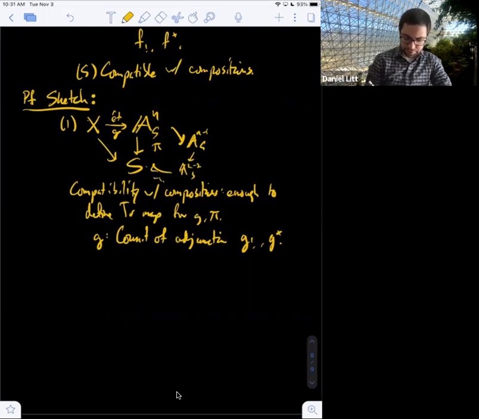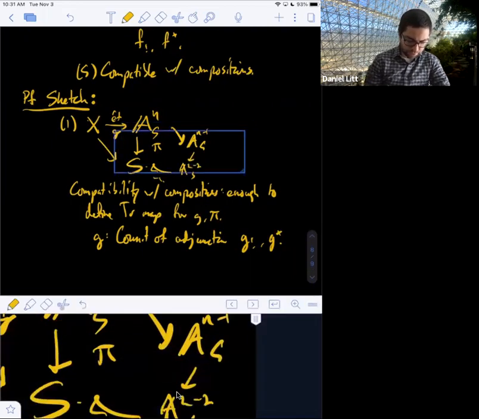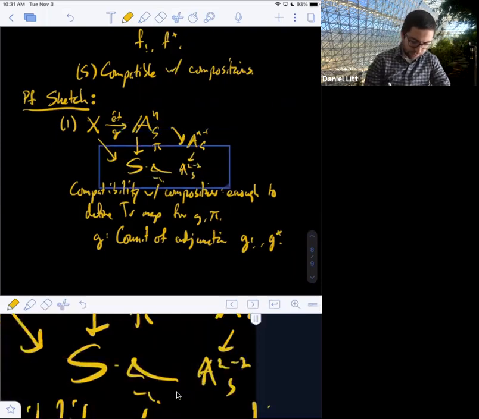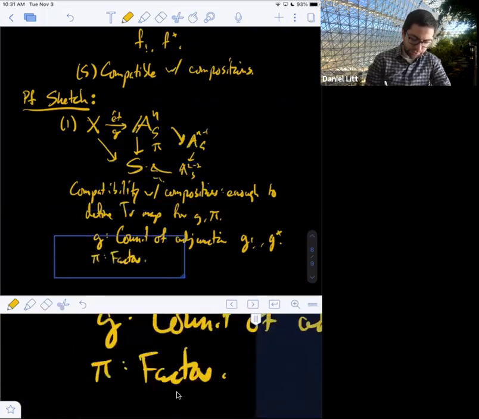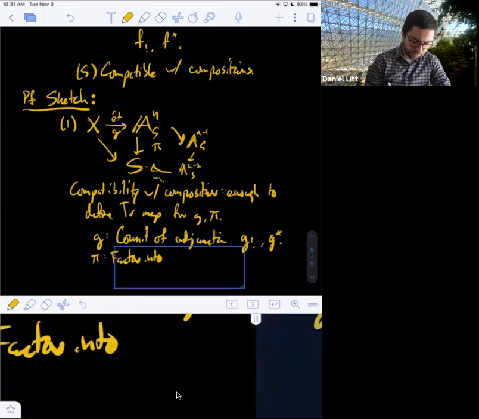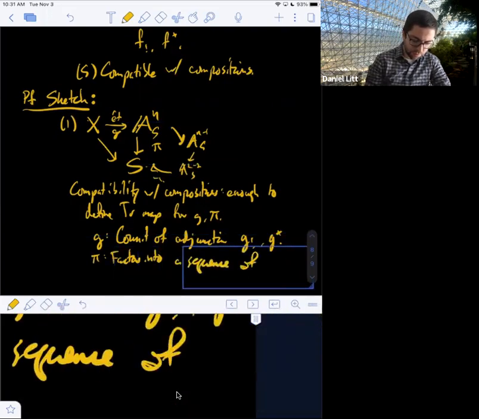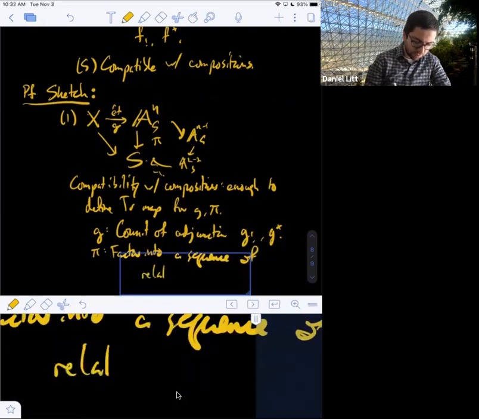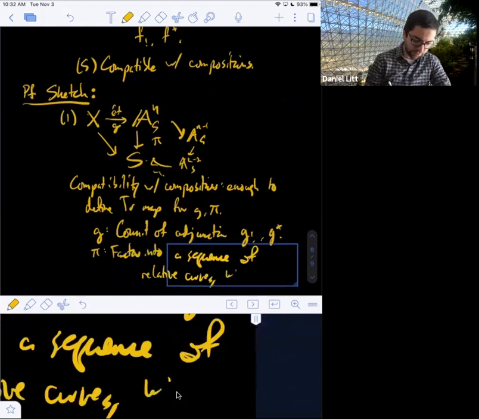So these are all relative curves. So for pi, we can factor into a sequence of relative curves and then use the curve case.